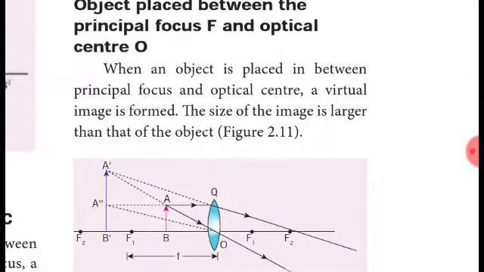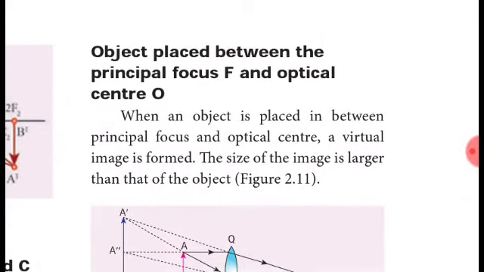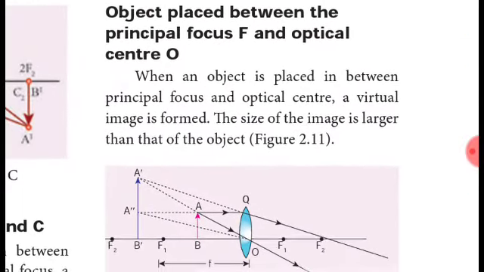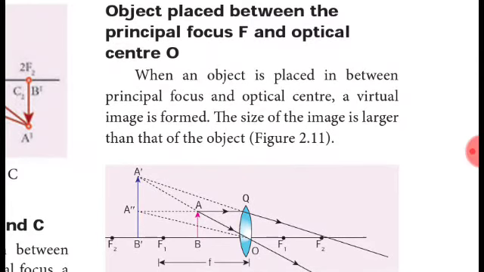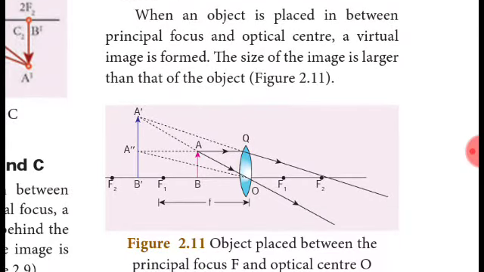And the last subtopic, object placed between the principal focus and optical center, a very, very special case in which you are not going to get a real image. Instead you are going to get a virtual image, and that image you are going to see through the lens.